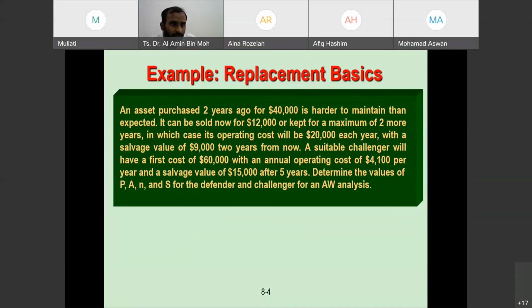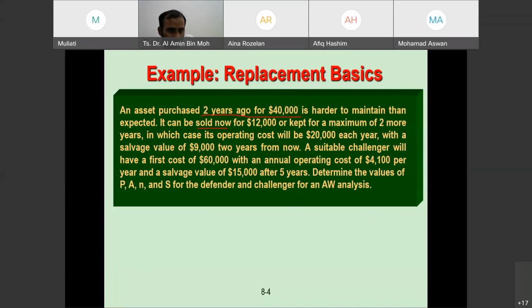Okay, so here, what they ask us to do, just read first. An asset purchased 2 years ago for 40,000. So they give you the first information: 2 years ago, an asset purchased at 40,000 is harder to maintain than expected. It can be sold now for 12,000.